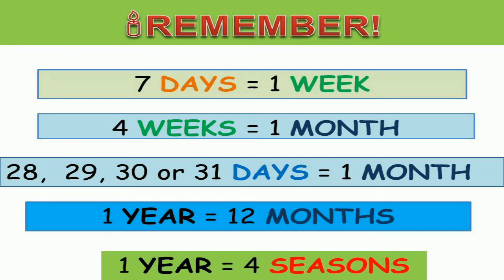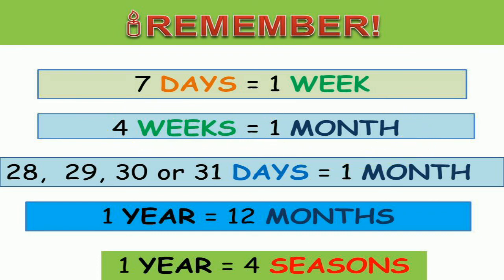So these 7 days is equal to 1 week. Then 4 weeks is equal to 1 month. So in a month, 4 weeks, 7 days is equal to 1 week, and 4 weeks is equal to 1 month.